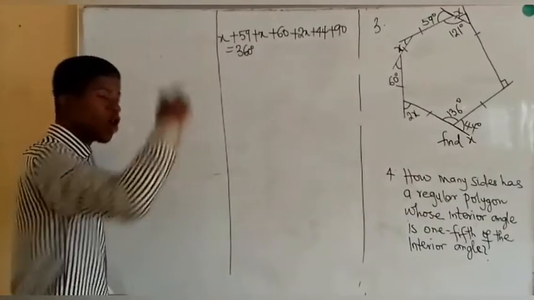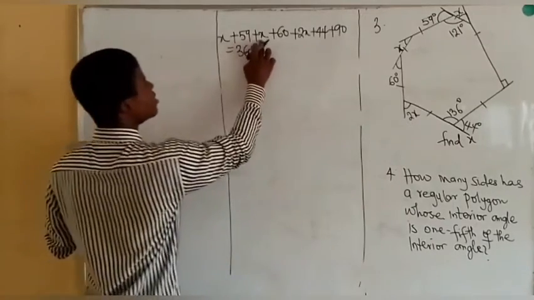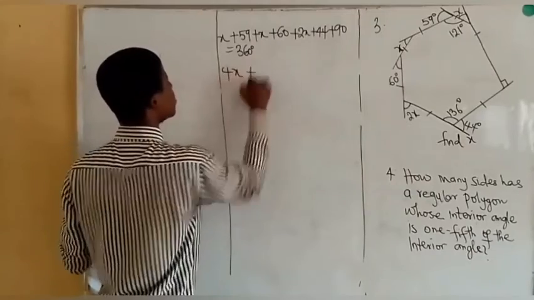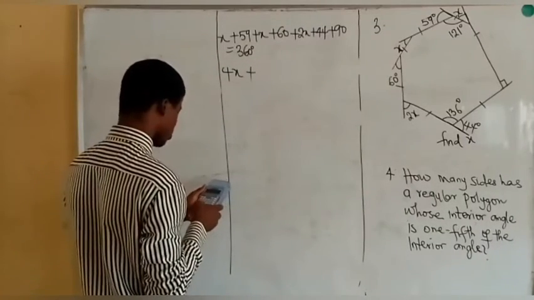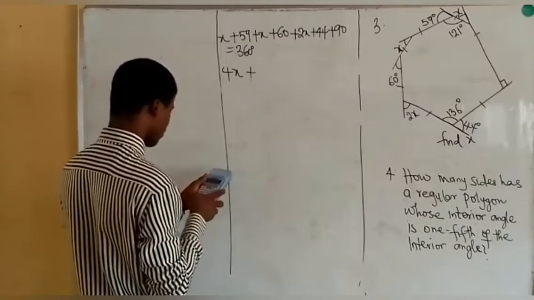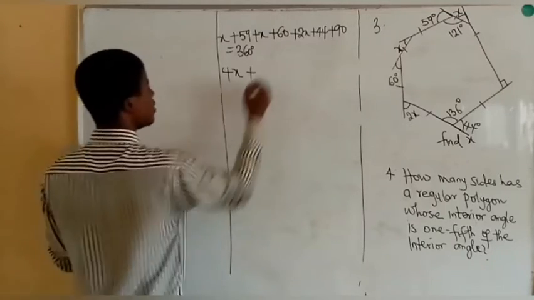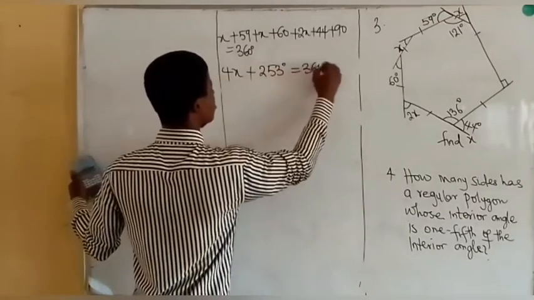Because of the sum of exterior angles of the polygon. Now, x plus x plus 2x is what? 4x. Now, 59 plus 60, plus 44, plus 90, everything is what? 253 degrees. 253 degrees is equal to 360 degrees.